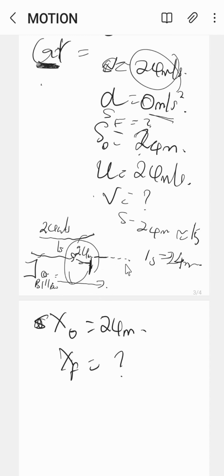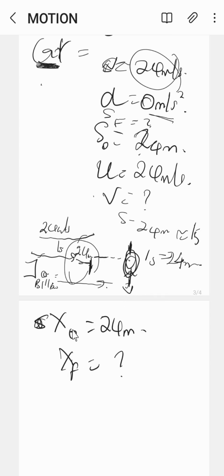The question is, what is this distance? It is the distance that the trooper will try to equal, the final distance. From 24 it would have traveled a certain distance to reach this distance.